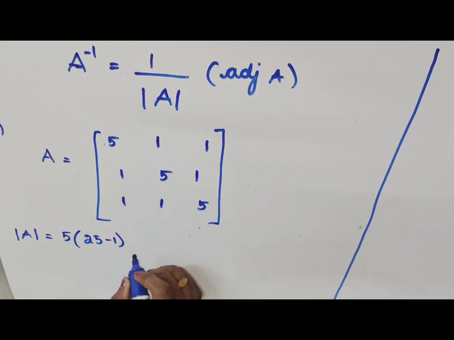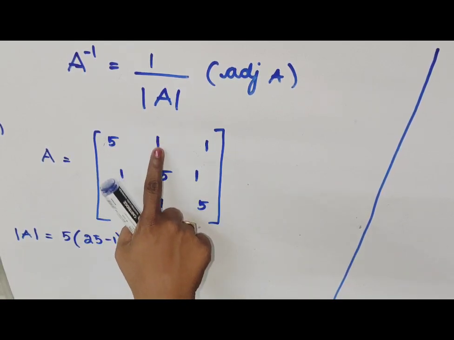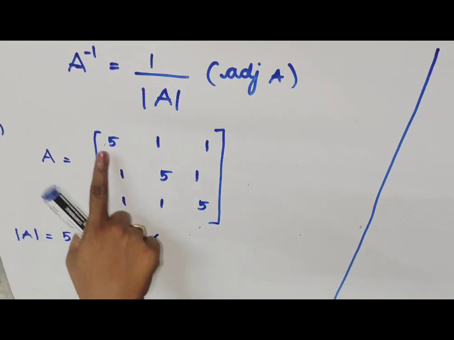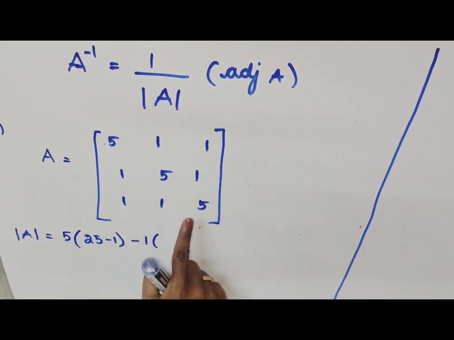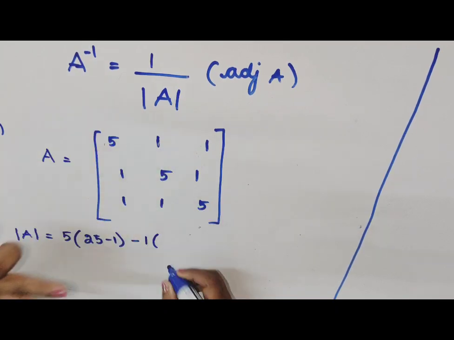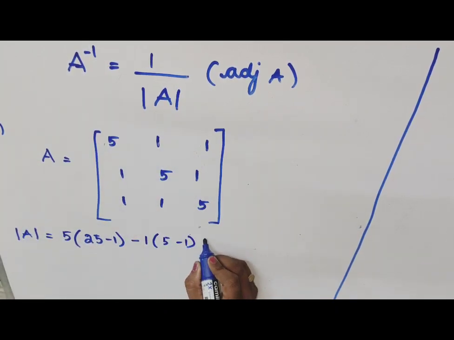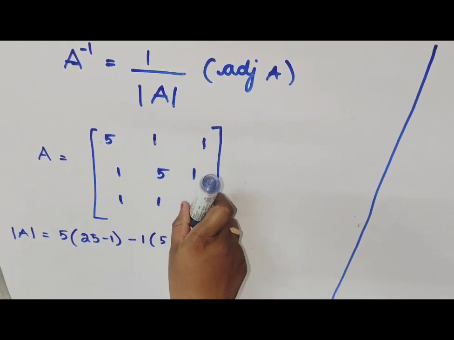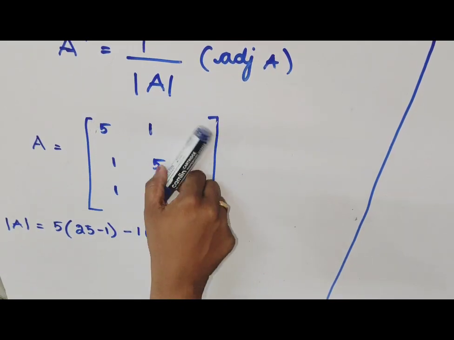The next term will have one default minus. Minus 1 into, we omit the column and row touching this 1, so we get 5 into 1 is 5 minus 1. Plus 1 into, we omit this column and this row.